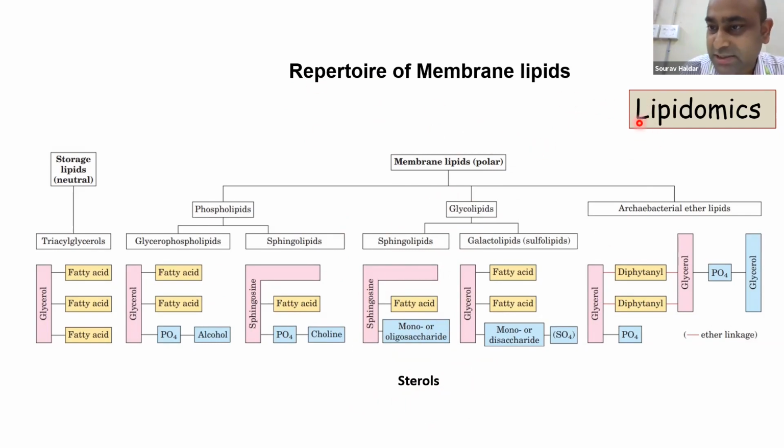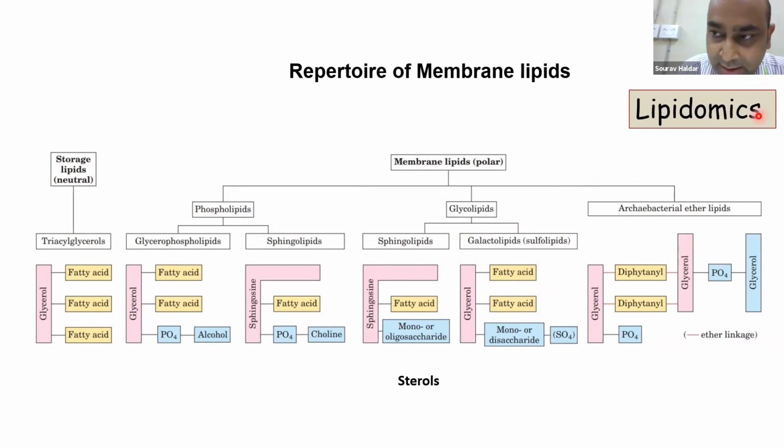Now I just wanted to mention, we already know about genomics and proteomics, and in a similar manner, the branch of omics which deals with lipids, and basically the identification of different kinds of lipids in different species as well as in different organelles in normal and pathophysiological conditions, is known as lipidomics.